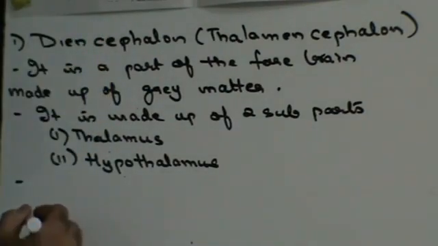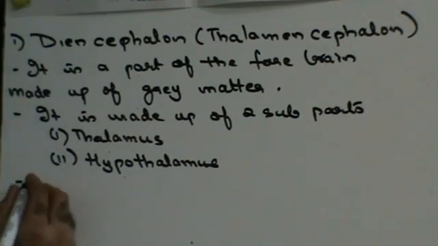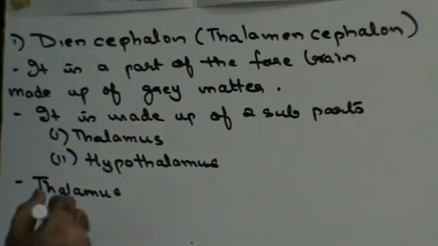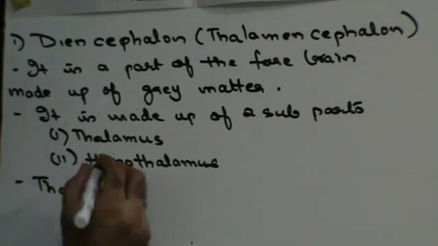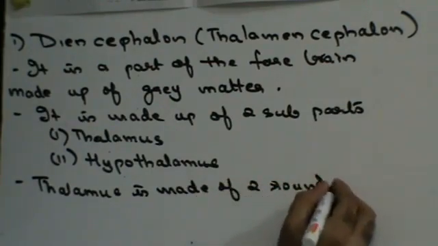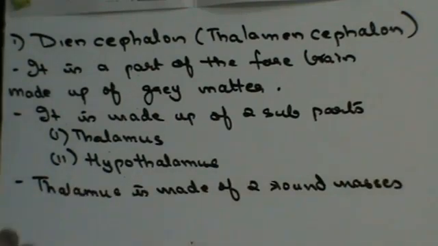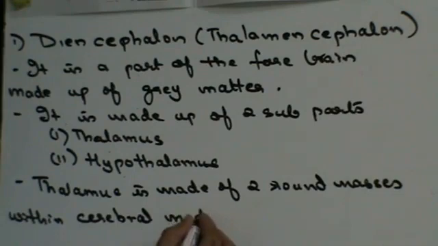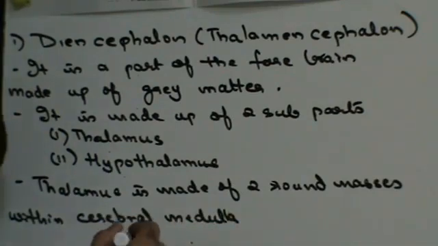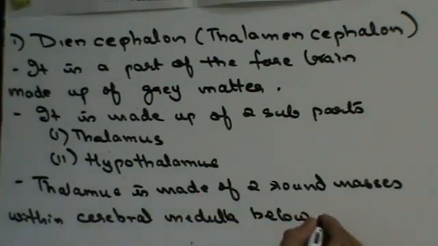So I can say that thalamus is made up of two round masses within the cerebral medulla, below the corpus callosum.